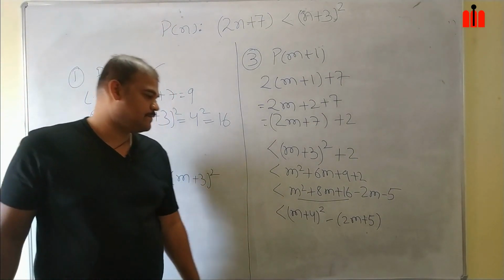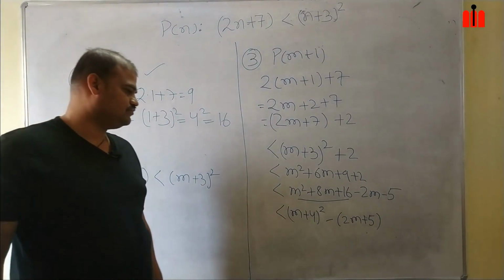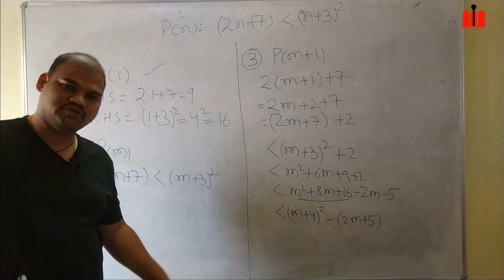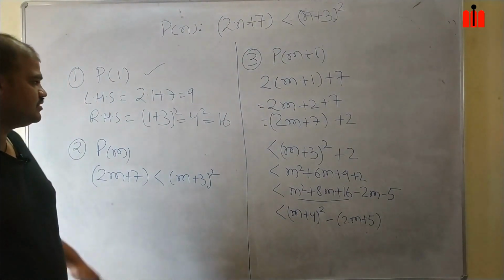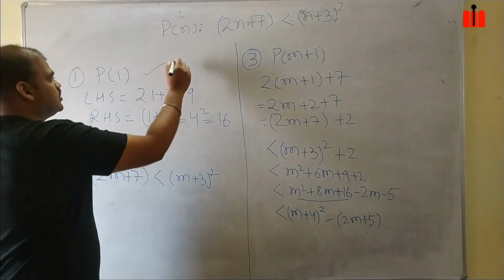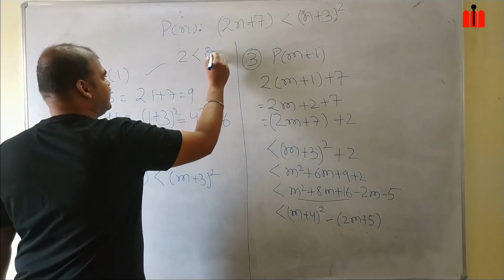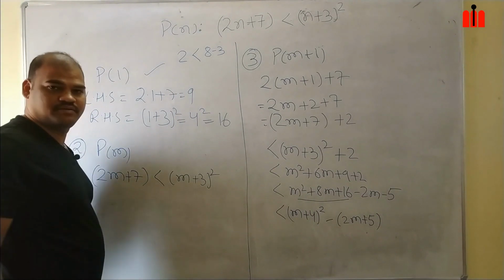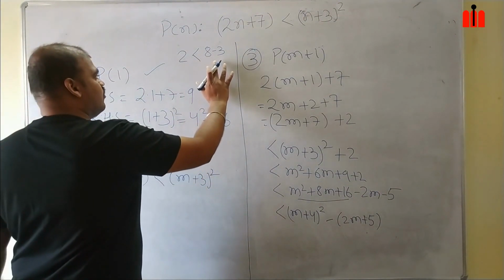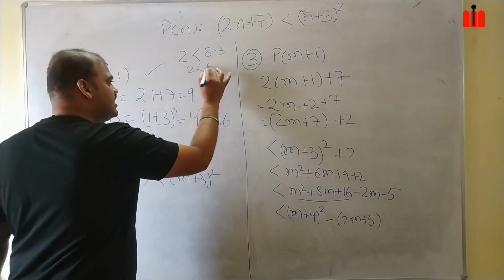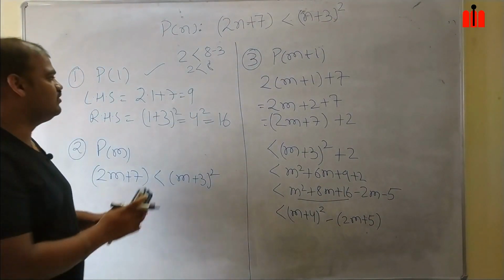Are you getting it? Now this I told you in the detailed explanation class also, but I will explain again. Suppose 2 is lesser than 8 minus 3. Once we take out this minus 3 also, 2 will be definitely lesser than 8. Are you getting it?